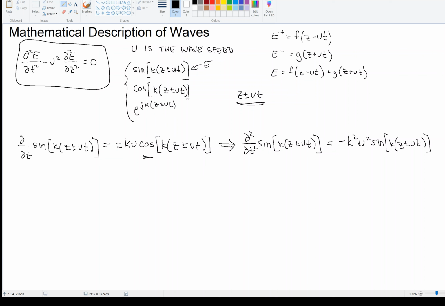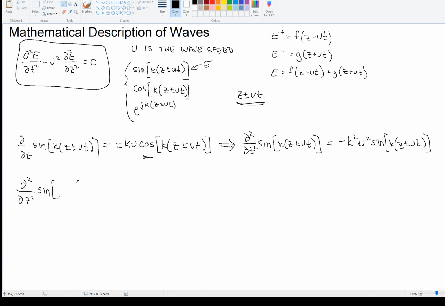Okay, now, so that's our first term in the wave equation. Now we have a second derivative in z, and I'm not going to show you the steps. I trust that you can take a derivative twice.